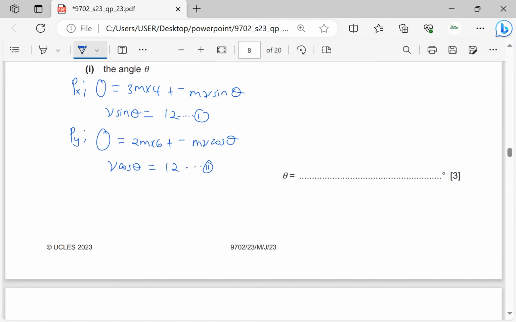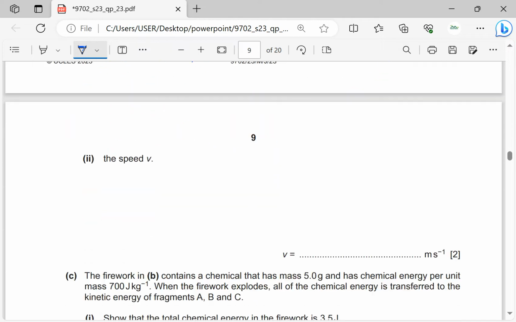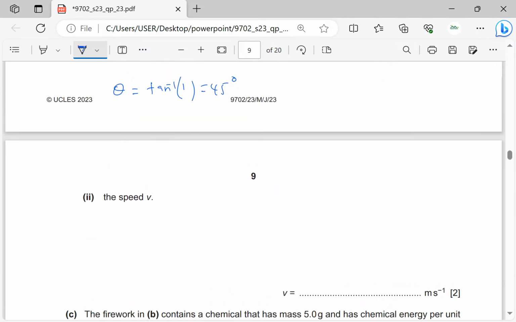So when I say equation number 1 divided by equation number 2, you get tan theta. V cancels, sine theta divided by cos theta is tan theta. So tan theta is equal to 1. So what is theta? Theta is going to be the tan inverse of 1, which I think is 45 degrees. So theta is going to be 45 degrees. Then the speed v. Since theta is 45 degrees, it is easier for us to find the speed v.